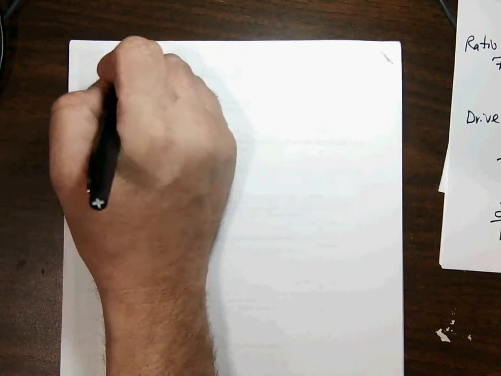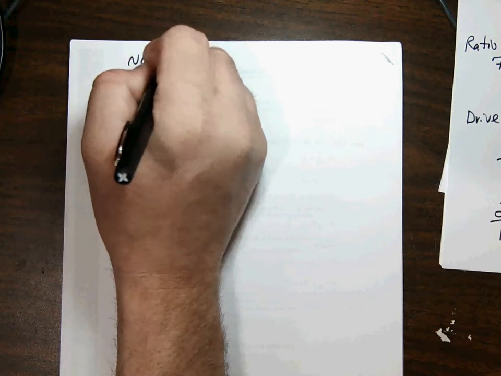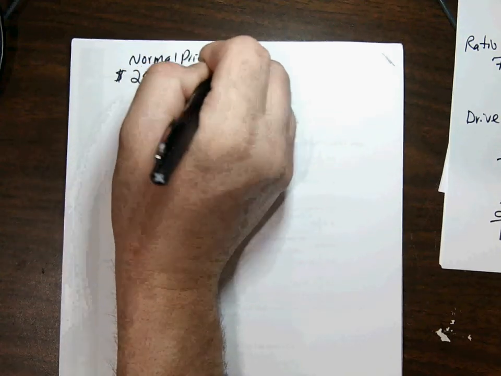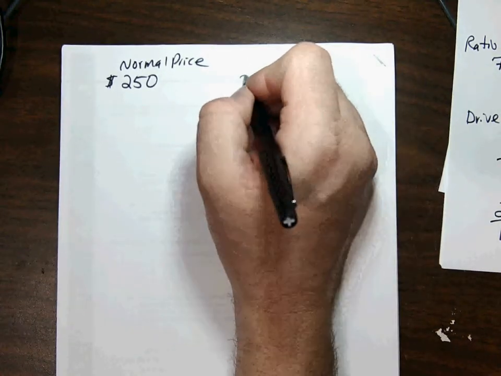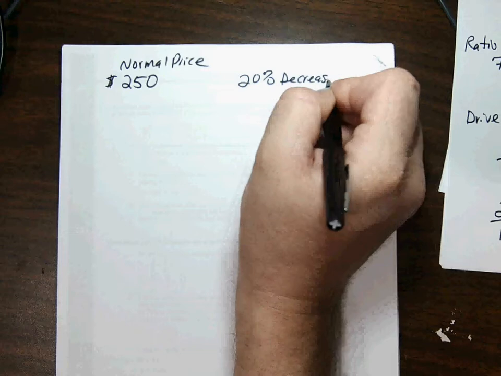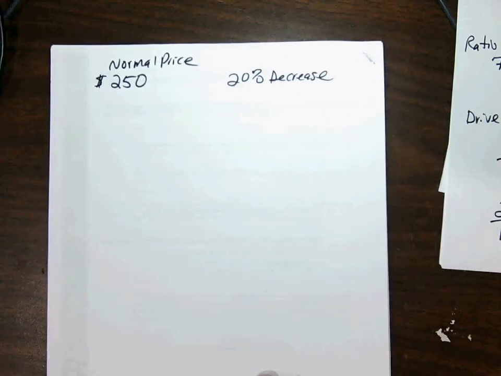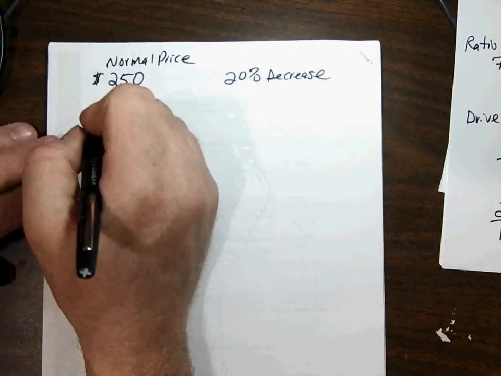Let's say something normally sells for $250. That's the normal price. But we're going to have a 20% decrease. We're giving a sale here, 20% off, right? So I want to find the sale price.